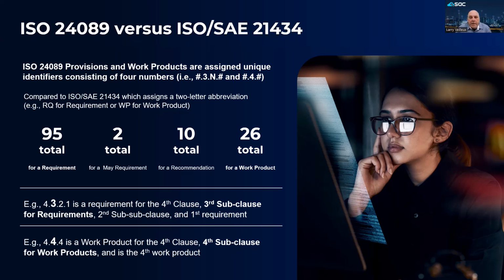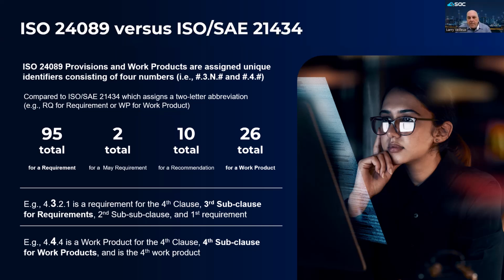Also, ISO 24089 has no annex items, has 14 versus 39 reference standards, and it's notable that R156 has 16 pages versus R155's 30. ISO 24089 has no permissions, and requirements and recommendations seem to be treated the same. In other words, both are included in the associated work products.